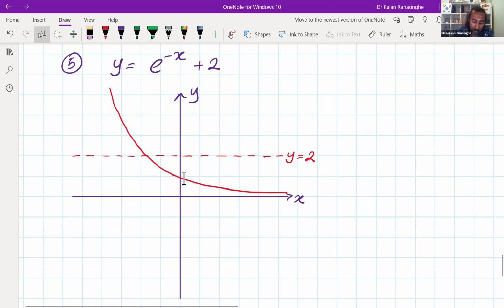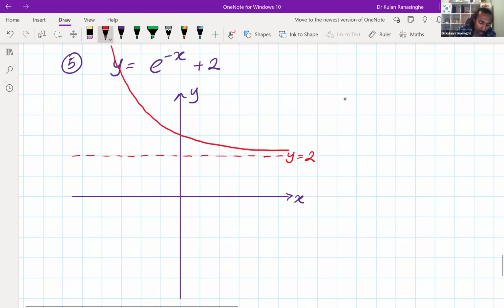Which means this graph will go up 2 units. So basically there. Now we have the intercept 0, 3.